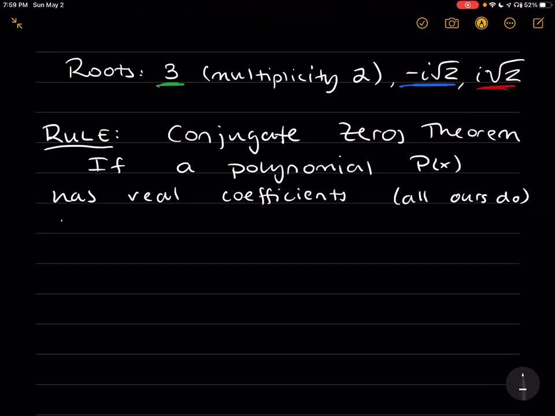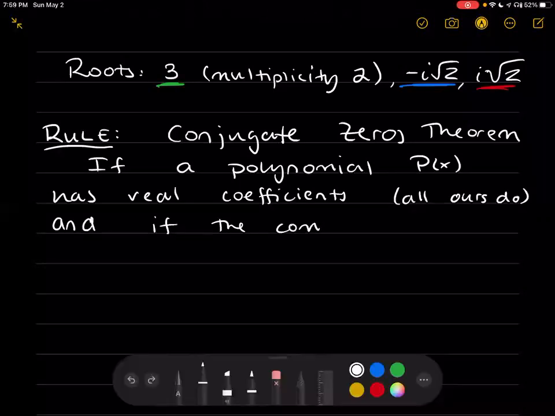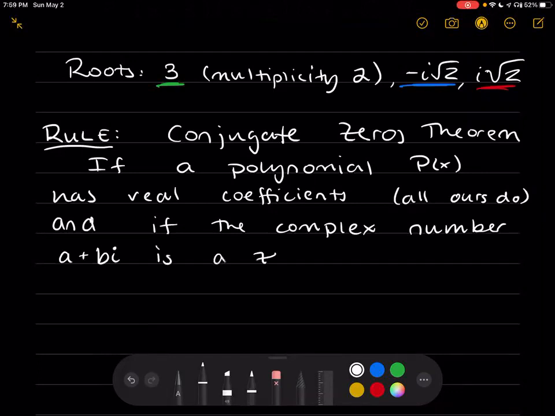And if the complex number, let's call this complex number a plus b times i, is a 0 of our polynomial, so of p of x, then so is a minus bi, and vice versa.